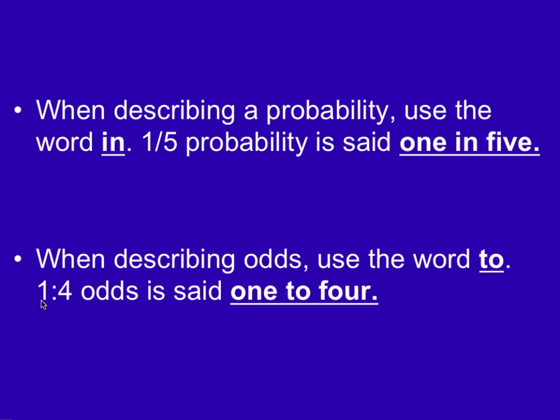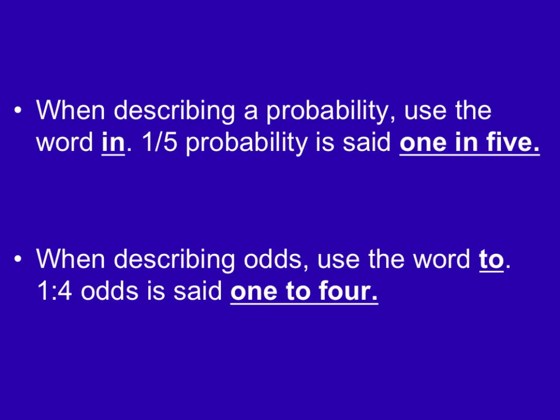So we say 1 to 4. So if this were odds against, we would say it didn't happen 1 time to it happening 4 times. So probability and odds tell us the same information, but in a slightly different way.